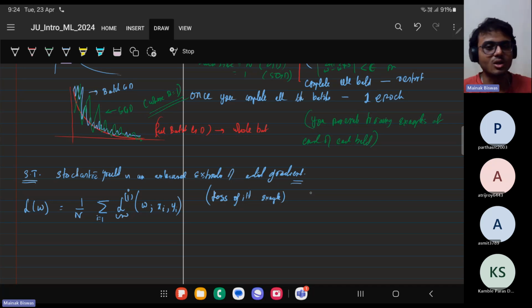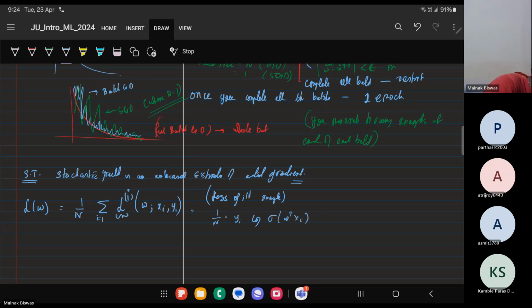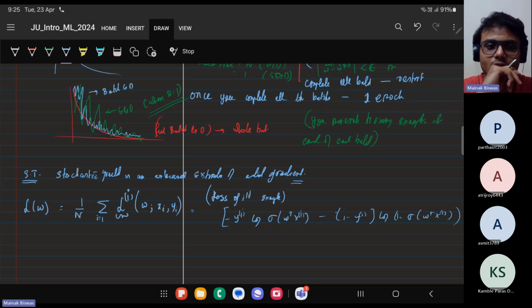The total loss is the sum of the losses of all the examples. So this is 1/n times minus y_i log sigma(w transpose x_i), minus (1 minus y_i) log (1 minus sigma(w transpose x_i)). Is gradient descent clear to you, with stochastic gradient descent?